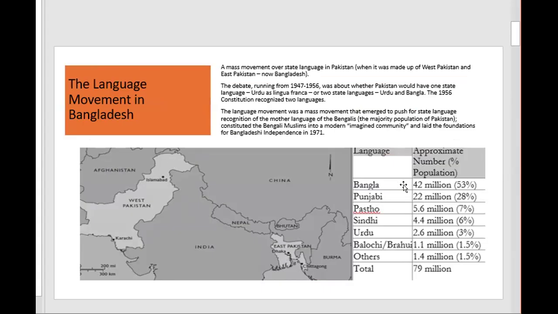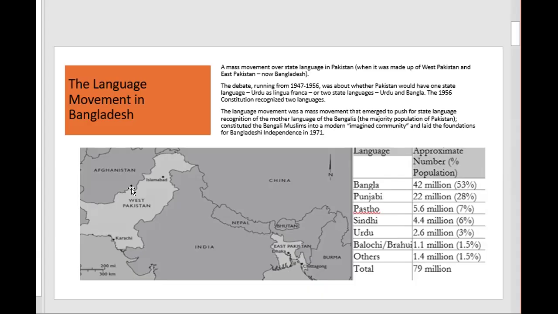And the demographics around that time are here. You have the majority speakers, 42 million over here, Punjabi speakers, 22 million, the majority here. The total population was 79 million across these two wings. But the absolute majority was Bangla speakers over here. The rest were broken down.